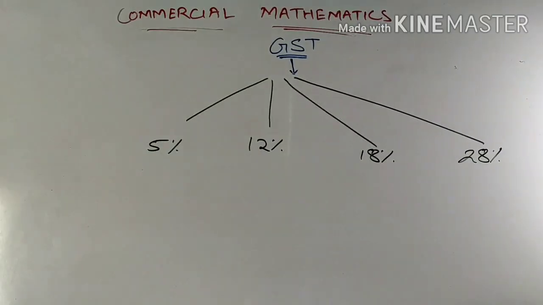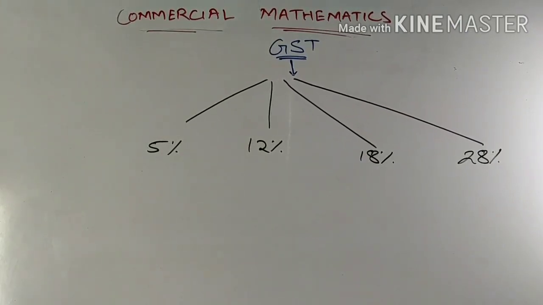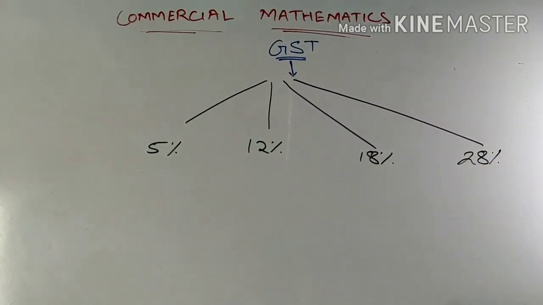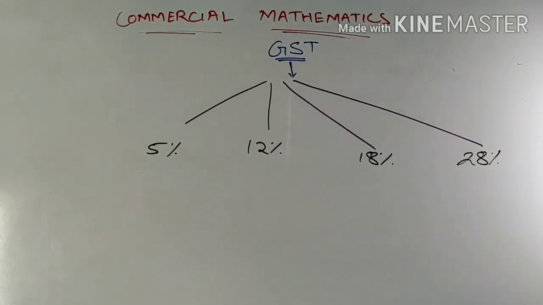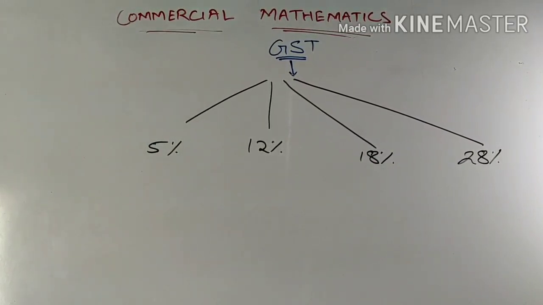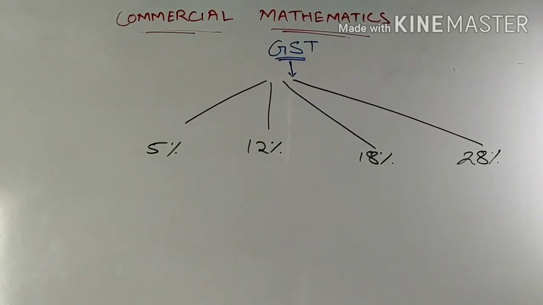For example, if you purchase a furniture, you will have to pay a certain amount of tax, either 5, 12, 18, 28 based on the rules of the country, on the marked price or the listed price of that commodity. Or for example, you go to a body massage service, and whatever fees the service provider charges you, you have to give a certain amount of service tax on it. So that's the way you have GST in your daily lives.